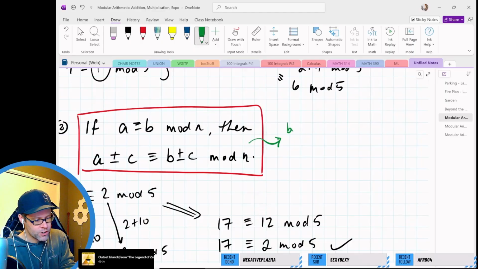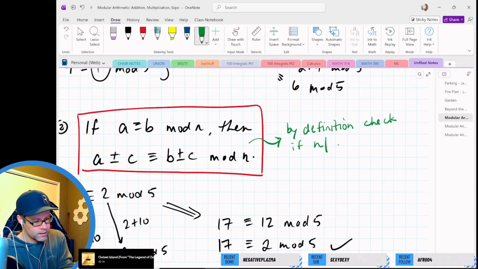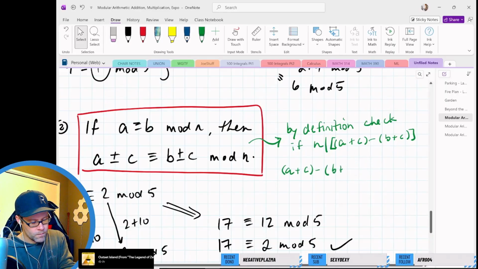By definition, we would want to check if n divides the subtraction of these two things. So let's just use the plus for the sake of having a plus here. We have this one minus this one, so we'd have to check that. Well, we know that a plus c minus b plus c is equal to a minus b.